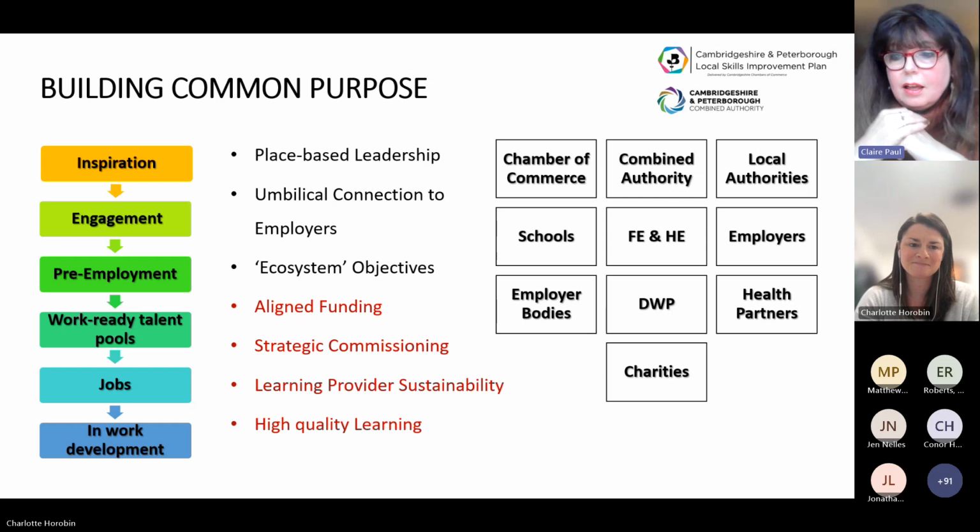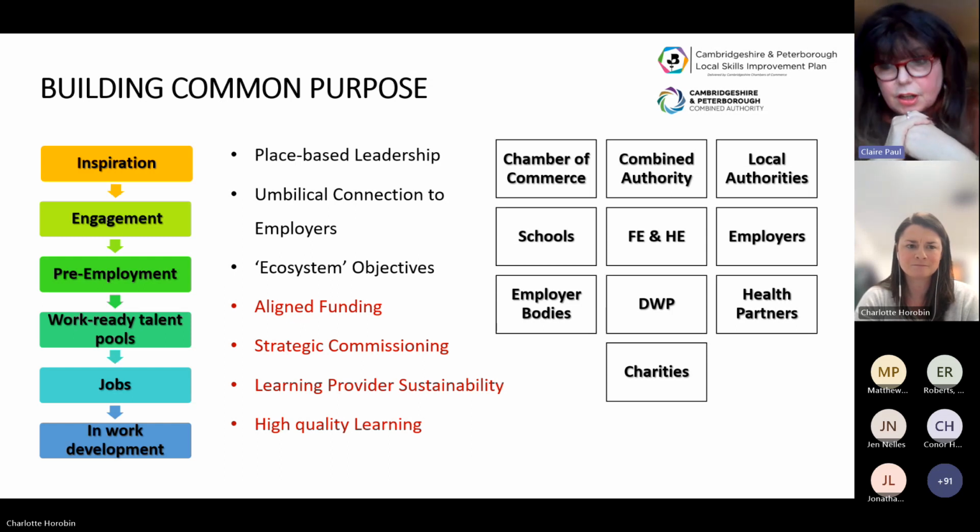Whereas actually, the way I saw it, and the way that Charlotte and I are developing how we're working together in Cambridgeshire, is to try and design this as an ecosystem where there are a variety of lenses that have to come together and work together. So the learner's perspective, absolutely, the employer's perspective, the provider's perspective across HE and FE, and also the communities and growing a sense of place.